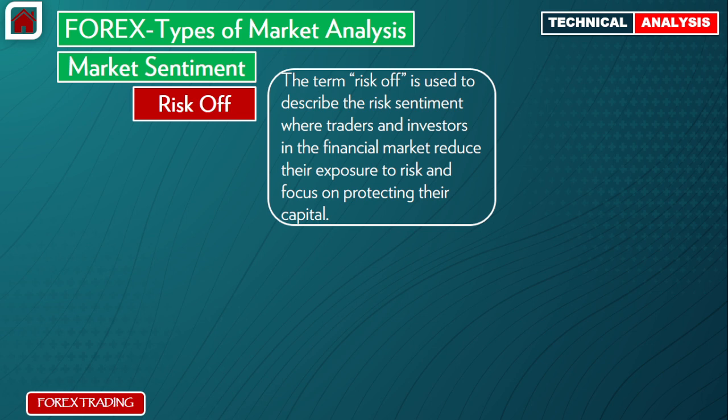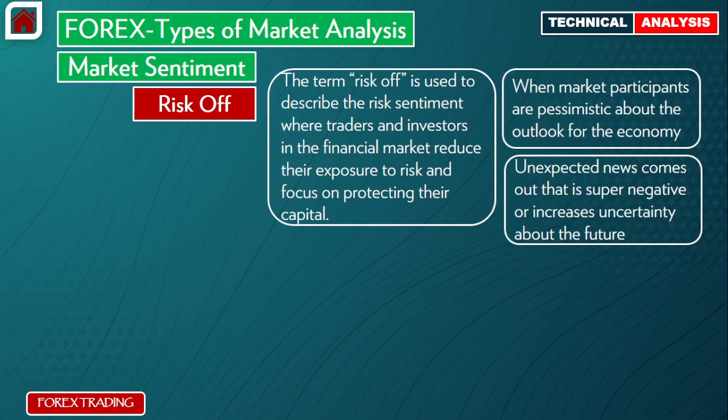Risk off generally means that investors just don't want to invest, they just want to protect their investment because they feel that the market sentiment is not that good. When market participants are pessimistic, not hopeful about the outlook of the economy, that's a risk off environment. And what could be a risk off trigger?